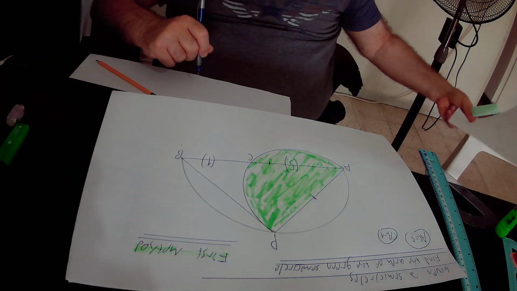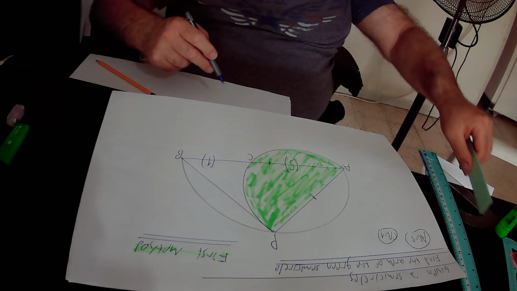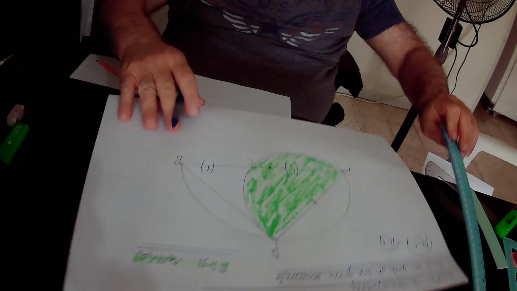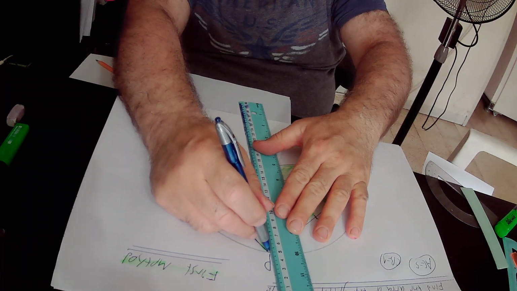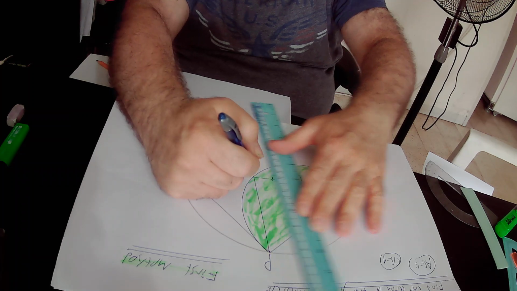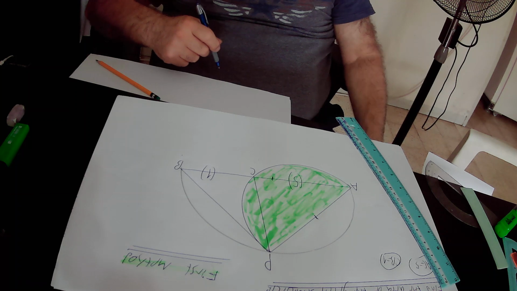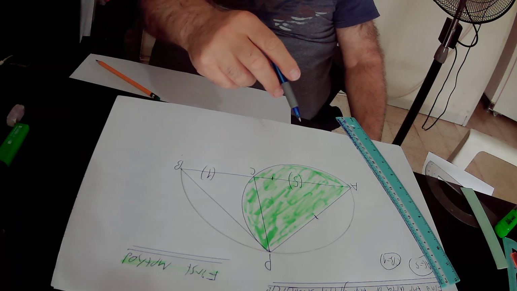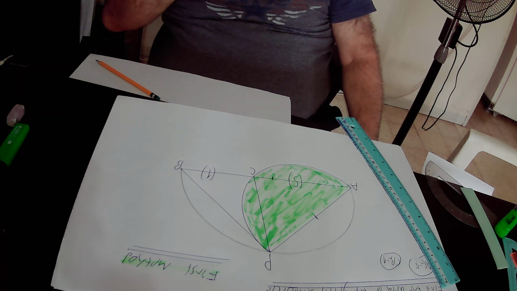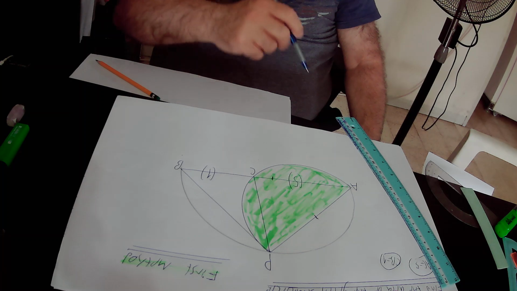In the next step, we join points P and C together by a straight line. And I'll copy the green semicircle in the new page, and we will implement rule 7 on the green semicircle.